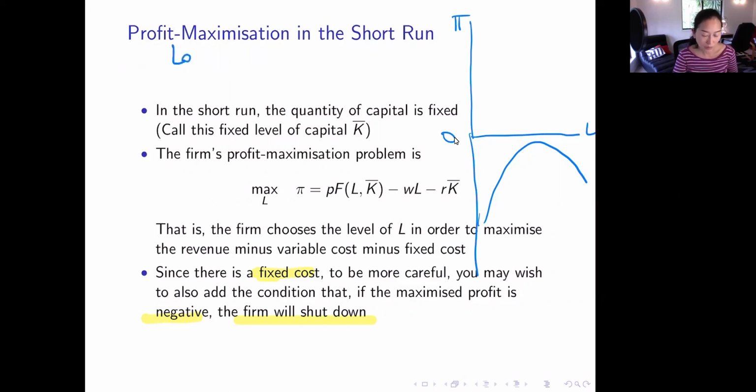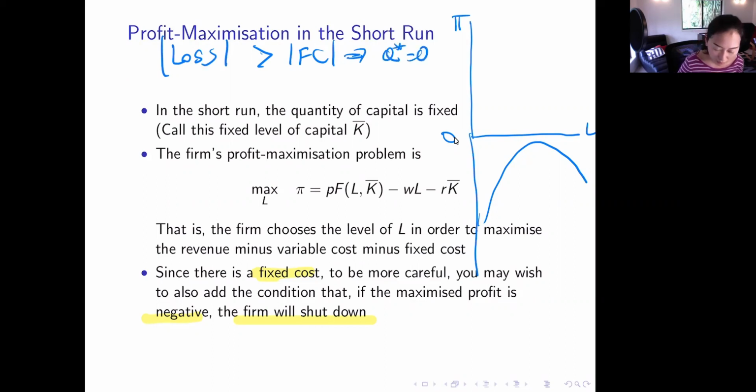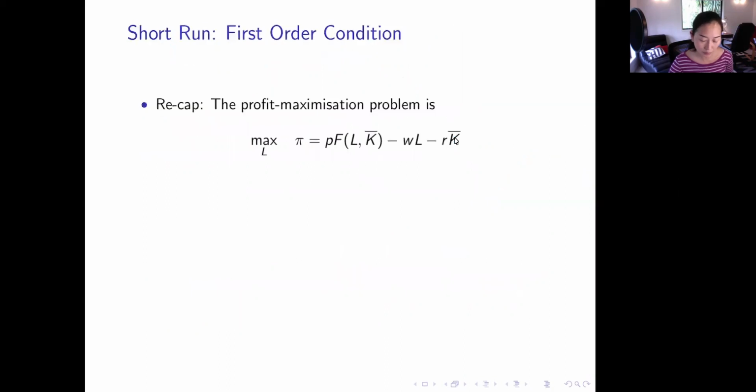So if your loss, the absolute value, is greater than the fixed cost, then you choose to shut down, Q star equal to 0. But if your loss is smaller than the fixed cost, then you actually should operate, produce something.